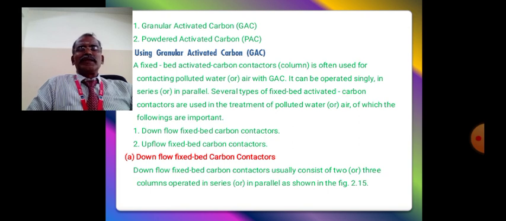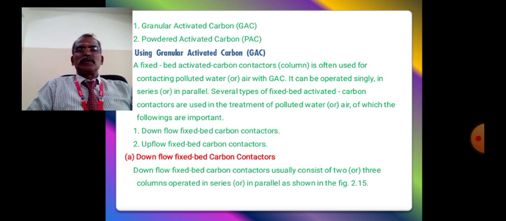The only difference in these two techniques is the flow of polluted water or air. In the downflow method, the polluted water flows from the top to the bottom of the carbon contactor. In the upflow method, polluted water or air is passed from bottom to top of the carbon contactor.